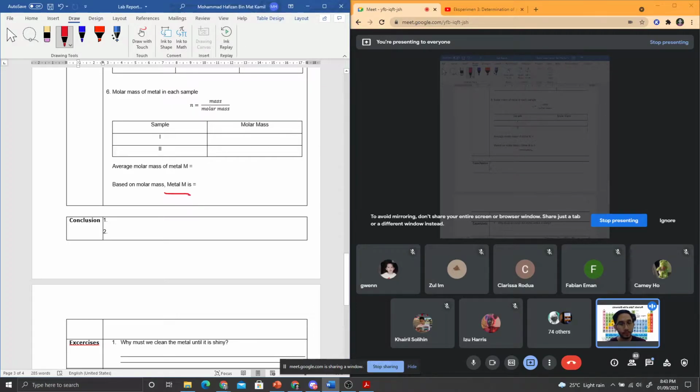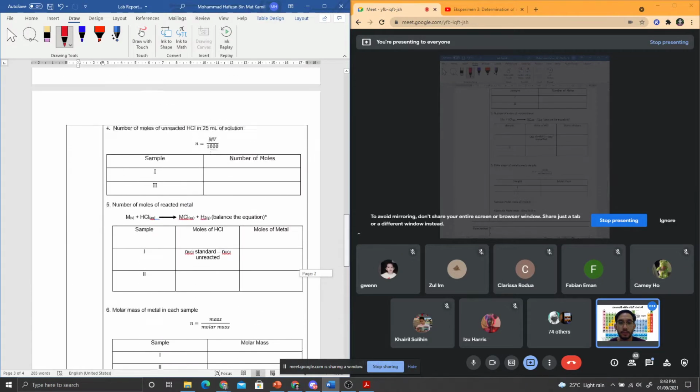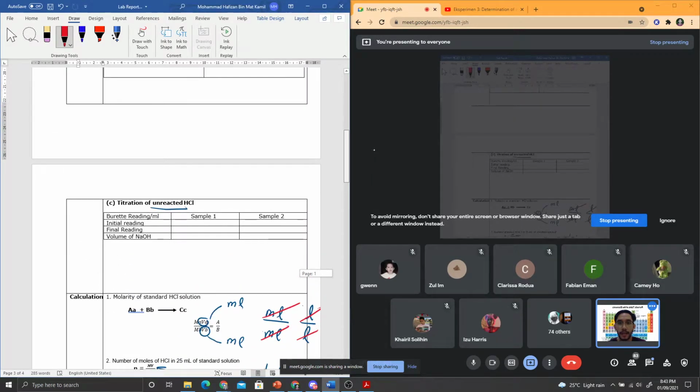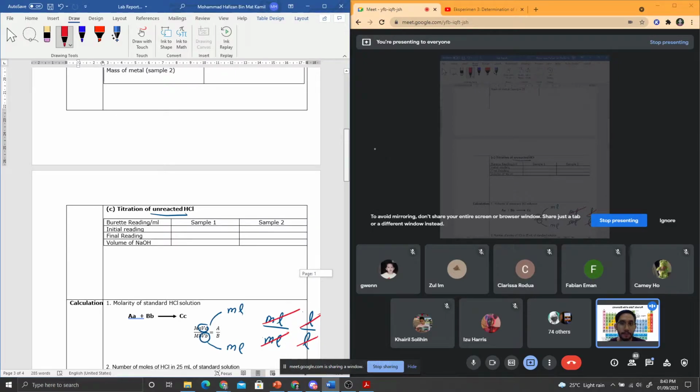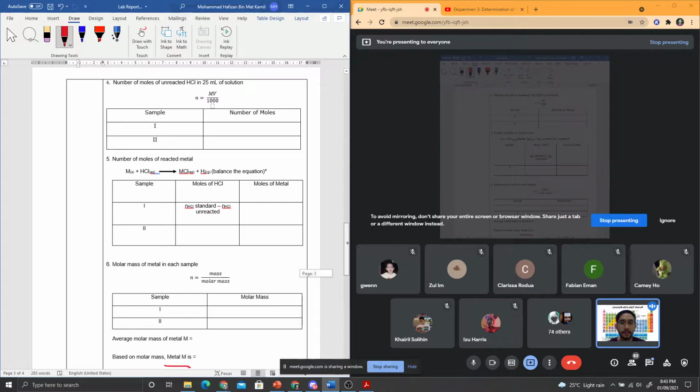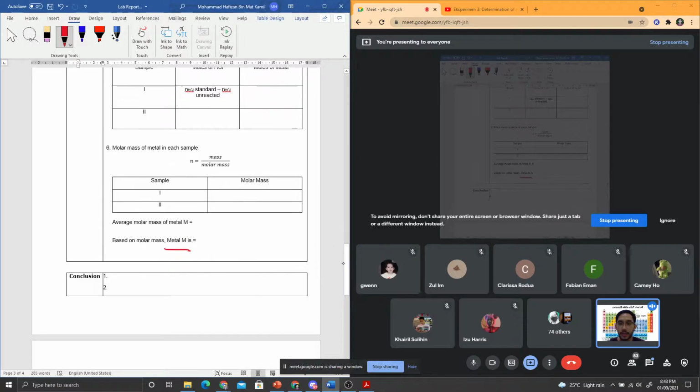And also untuk conclusion, is a good practice untuk include any chemical equation yang you guna. So macam atas ni kita ada guna satu equation where the metal M is reacted with HCl untuk dapatkan MCl2 and H2 gas.